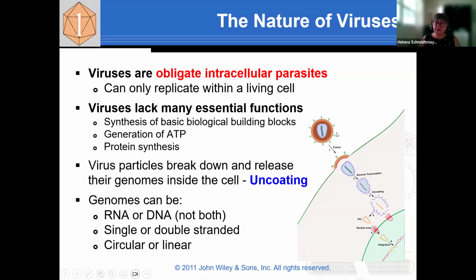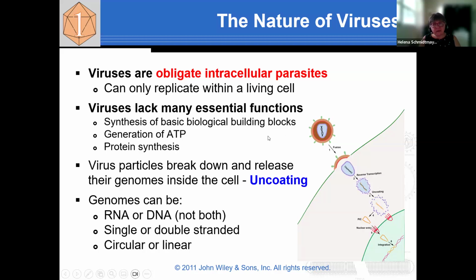So why can viruses outside of cells not replicate or do much? Why are they obligatory intracellular parasites? Because they lack basic metabolic pathways that would synthesize biologic building blocks, such as nucleic acids, proteins, amino acids, and so on.